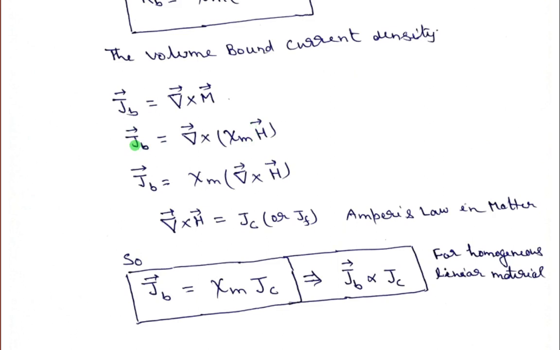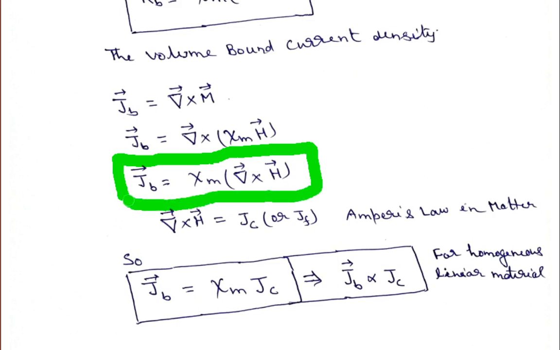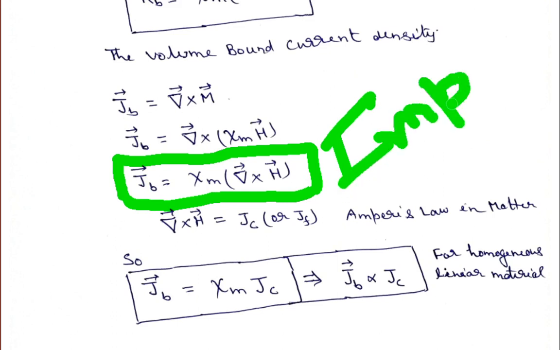It means JB can now be defined in a new way: JB can be written as chi m into del cross H. So this is again a very important equation we got: the volume bound current density can be written as chi m into del cross H. Earlier this volume bound current density was in terms of magnetization vector M; here it is in terms of the external magnetic field vector H.